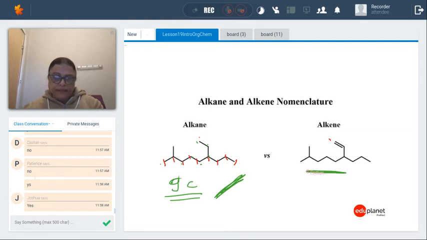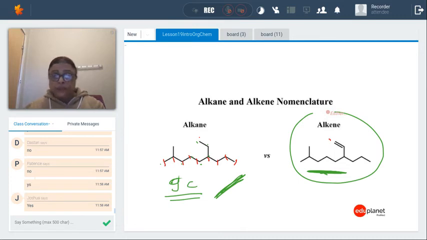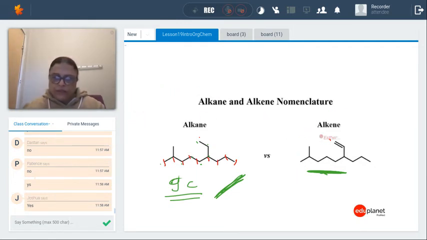But is it the same rule when we have a double bond? And the answer is no. When we have a double bond, we count the longest chain that includes the double bond. Okay? So if we count this way, we don't include the double bond in the longest chain. Correct?